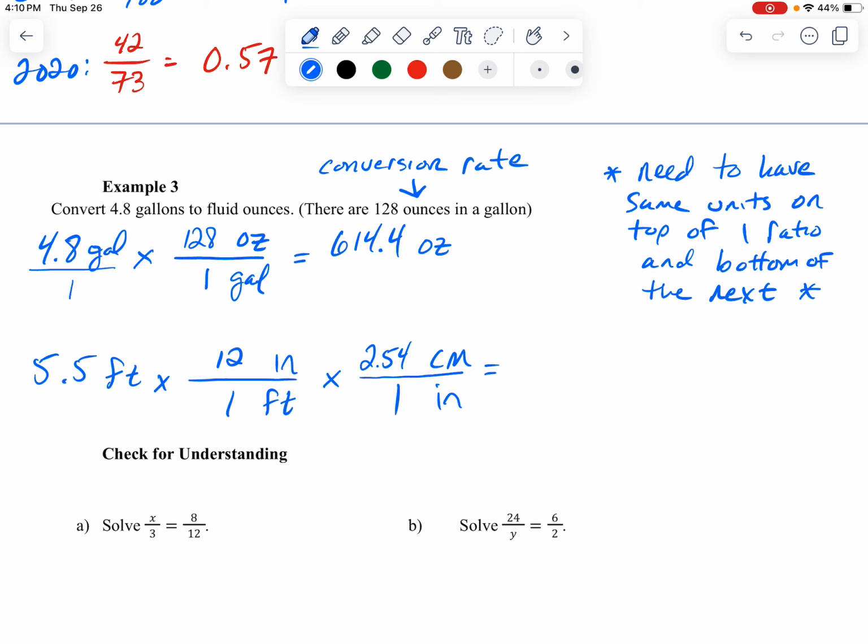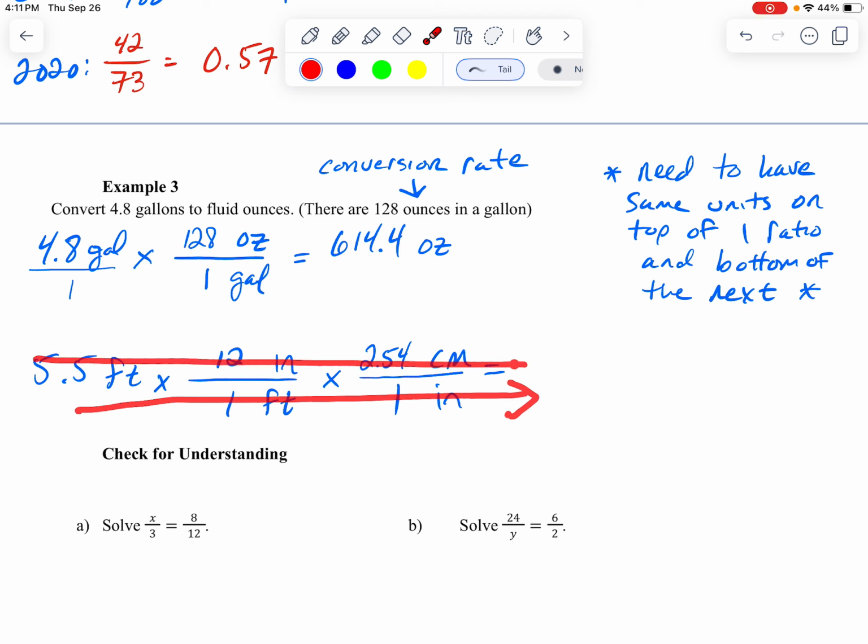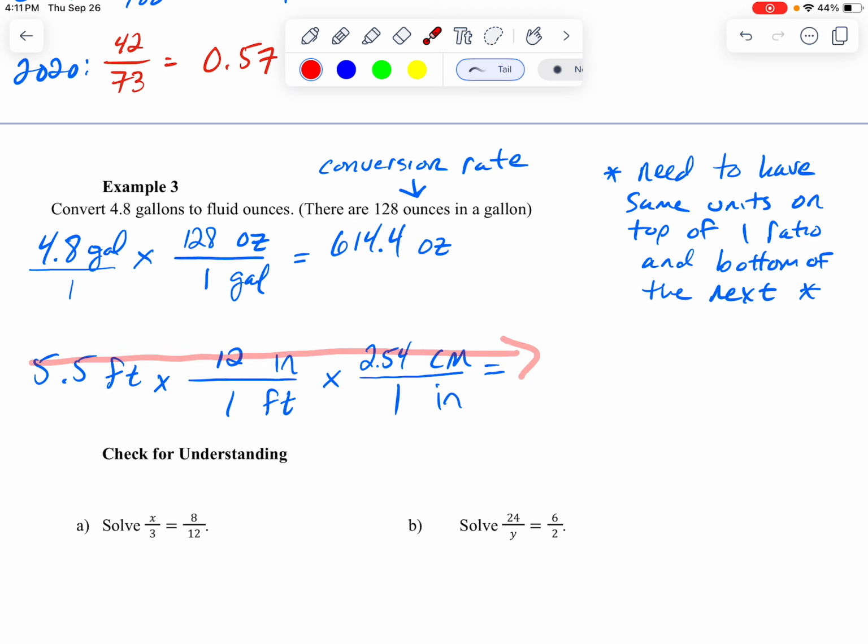And so again, we're just going to multiply across the top. It's just kind of a coincidence here. I probably should have picked an example that had a different number in the bottom. Because right now we're just lucky in that we can just multiply straight across the top. So I'm going to multiply 5.5 times 12 times 2.54.